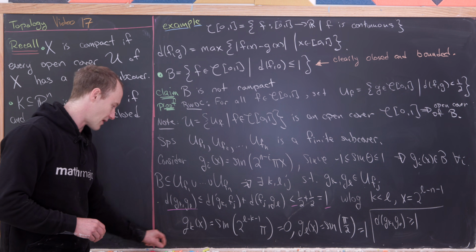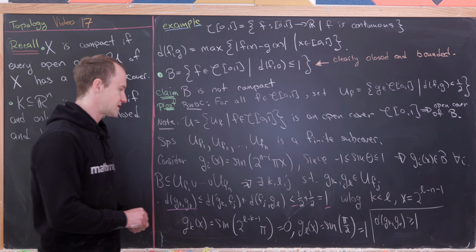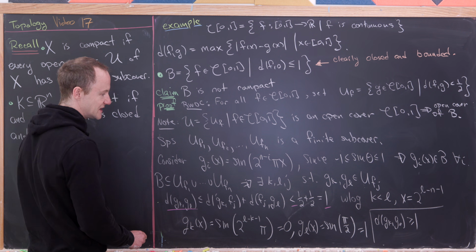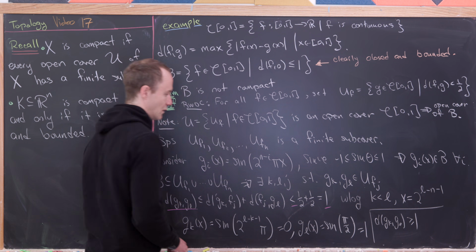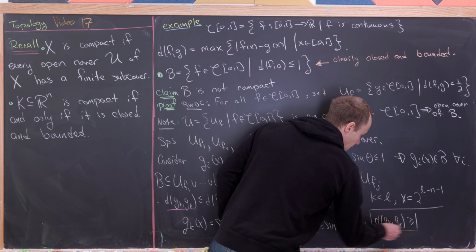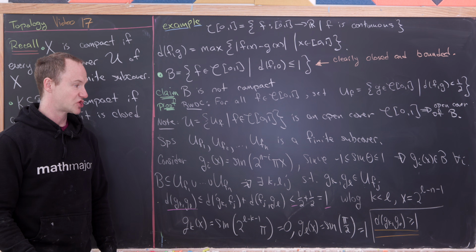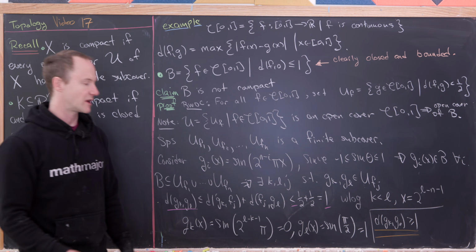And we've already got a problem because of this. Notice that in this magenta underline, we just showed that the distance from g_k to g_l was strictly less than 1. And then by our careful choice of the value of x, we just showed that that distance is bigger than or equal to 1.